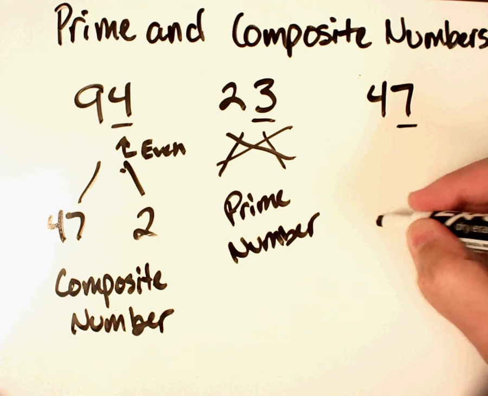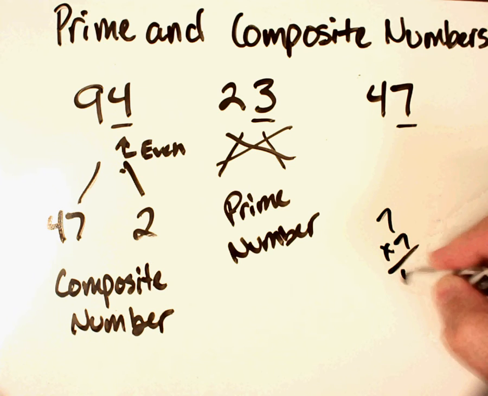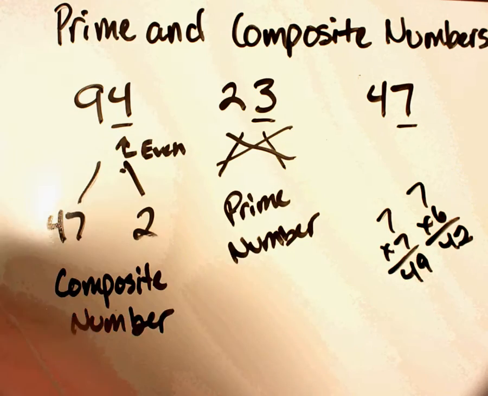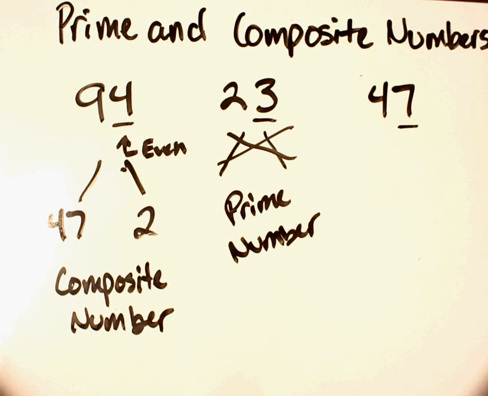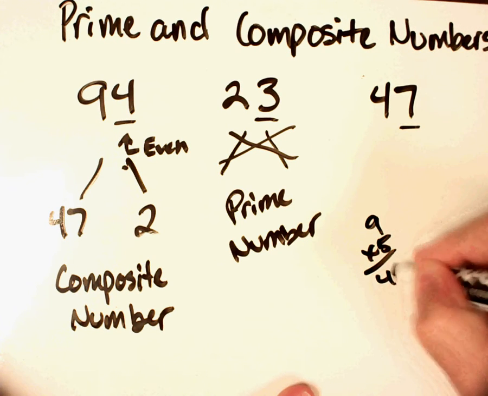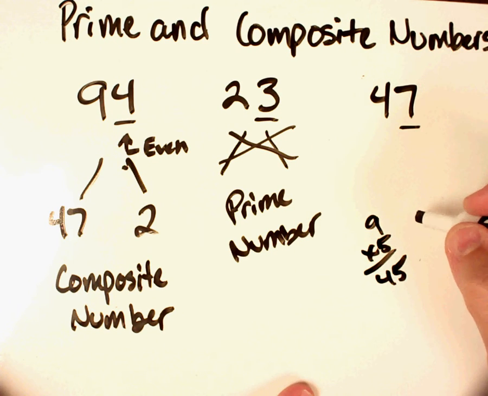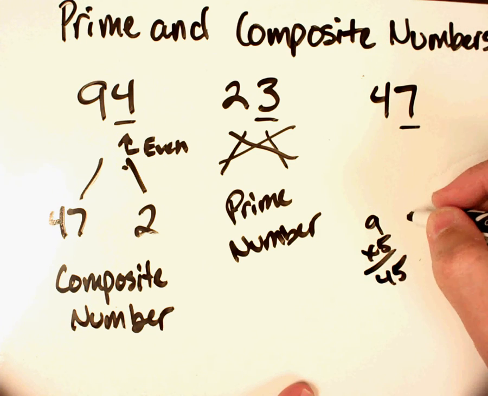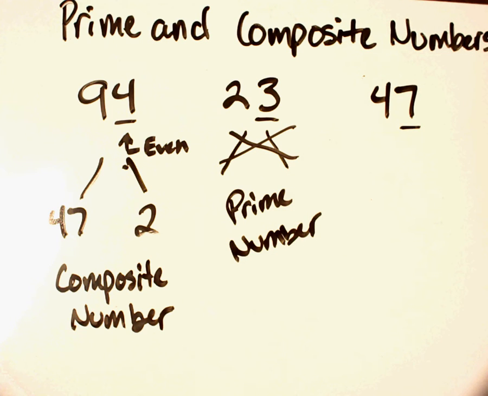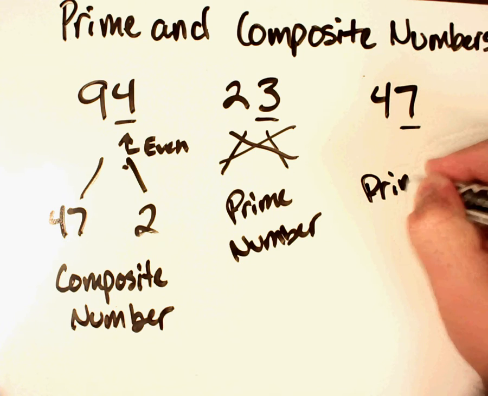I know 7 times 7 is 49, and 7 times 6 is 42, so those don't work. 9 times 5 is 45, so that doesn't work. Yeah, I can't think of anything that 47 could be divided by, so I guess 47 is a prime number also.